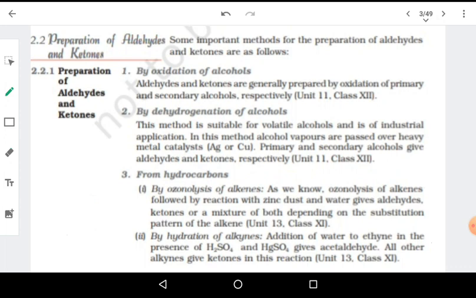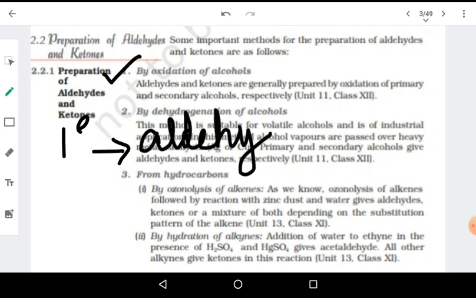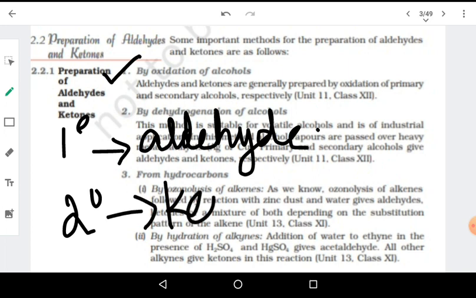Let us now talk about the general methods of preparation of aldehydes and ketones. First one, by the oxidation of alcohols. This you have already discussed in the previous chapter. How to do it? A primary alcohol will give us aldehyde, and secondary alcohol will give ketones.